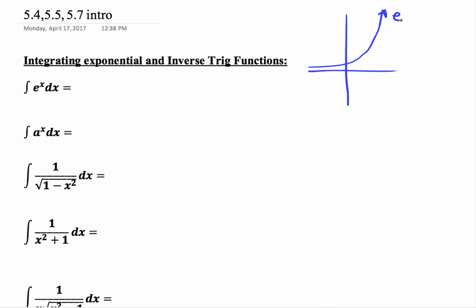The e to the x is the function that is perfectly aligned so that the slope of its tangent line at each spot is the same as its y value at that spot. So the derivative of that exponential function is equal to itself. So if you take the integral and find the antiderivative backwards, it's still going to be equal to itself, except of course you could have any constant added on there, and when you took the derivative that would go to 0.